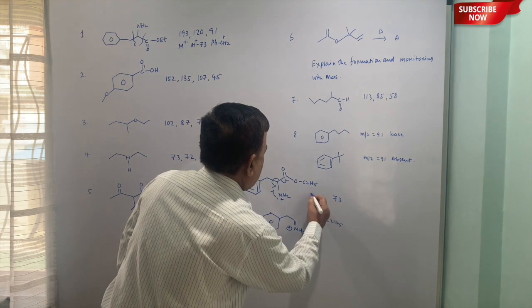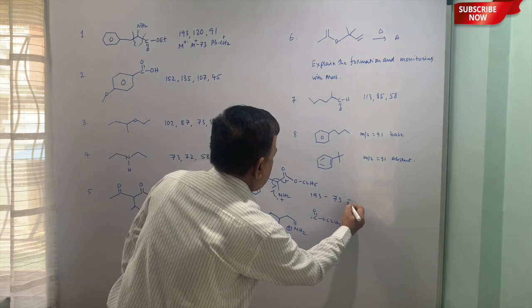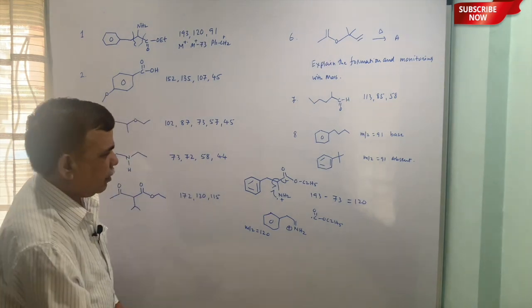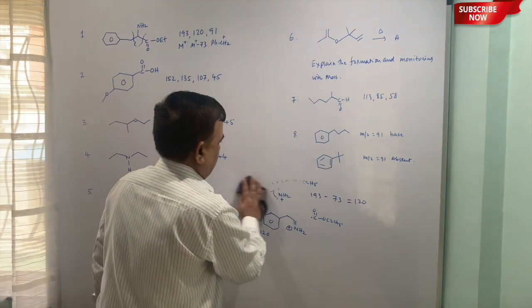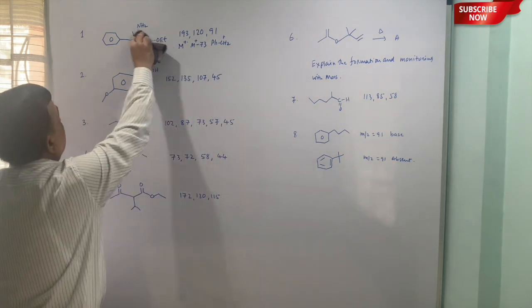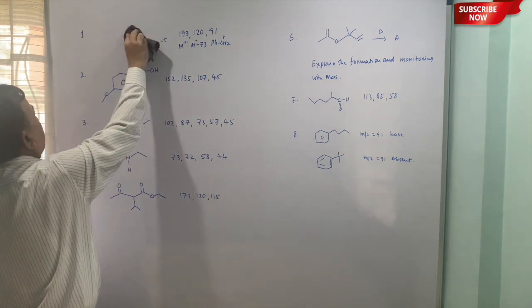So 193 minus 73 is 120. So no need to calculate anything. That was about the first example.